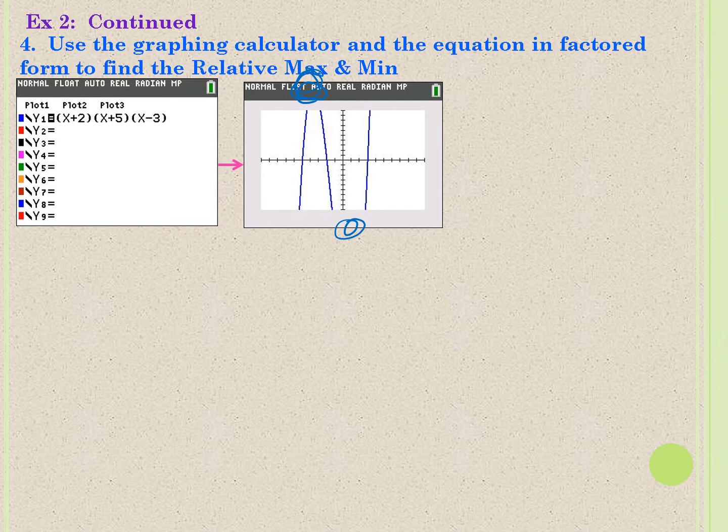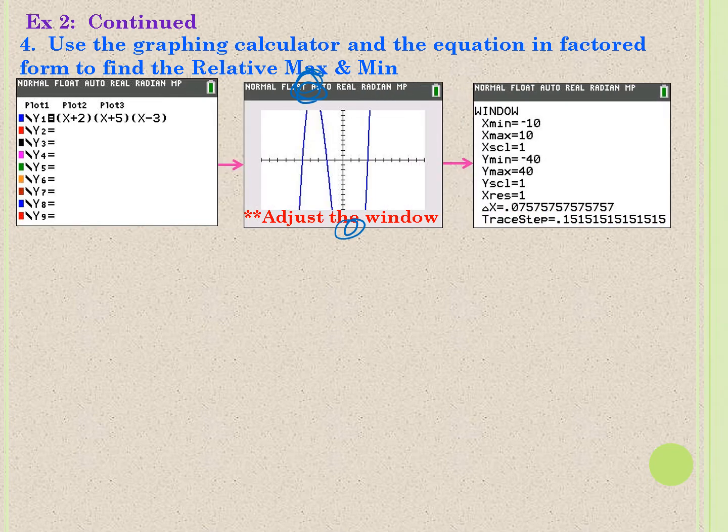So I'm like, I need to adjust my window. So I hit the window key. Now I'm not going to change my x min or my x max because I can see basically where the x part is going to come from. It's just the y. It's the height and the low part that I can't see. So it's the y values. I know the x's are going to hit there. So I leave the x's alone, but I change my y min and my y max.